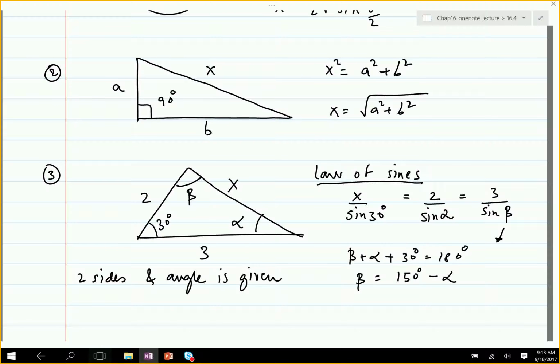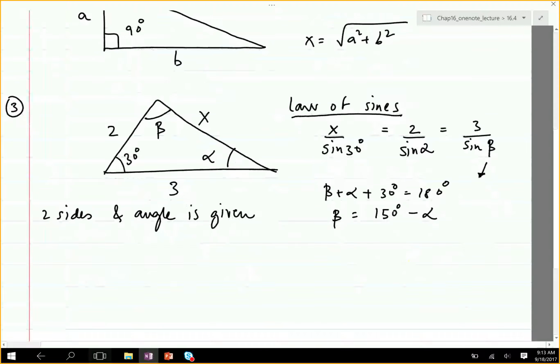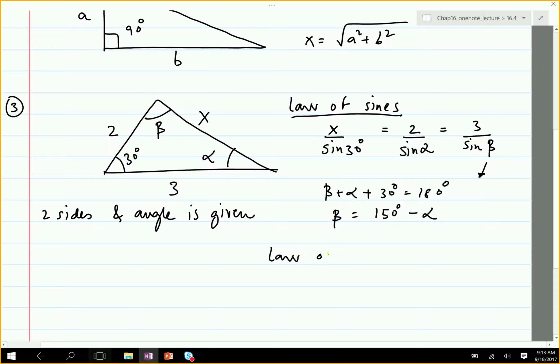The other way you can do this is to use the law of cosines, which states that x square is 2 square plus 3 square, these being the adjacent sides, the other two sides, minus 2 times 2 times 3, these being the two sides again, times cosine of the angle between the sides with length 2 and 3, so cosine of 30 degrees.